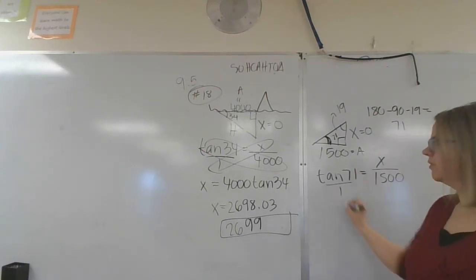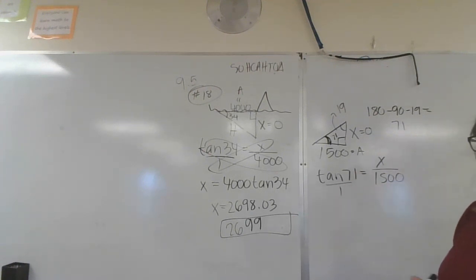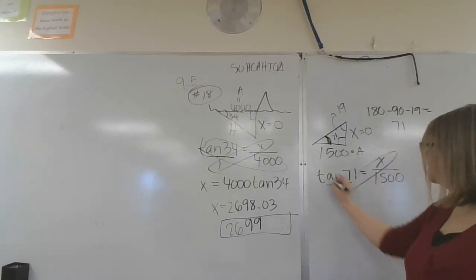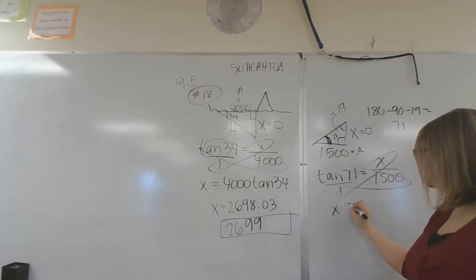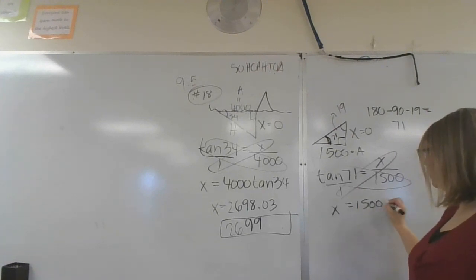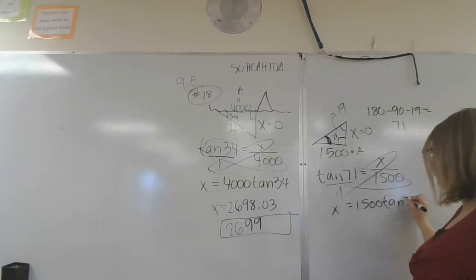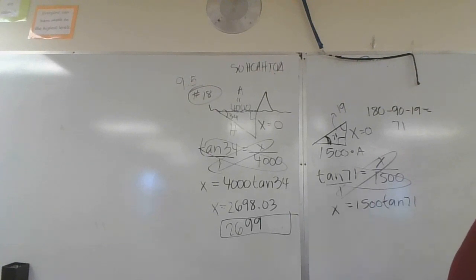I'm going to put this over 1. Cross multiply. We got x times 1, which is just x, equals 1500 times tangent of 71. I put that in my calculator, 1500 times tangent 71.